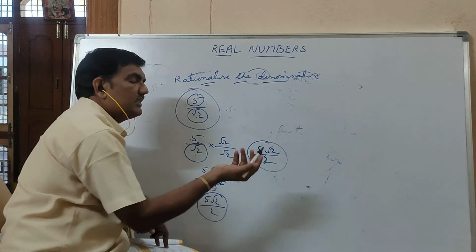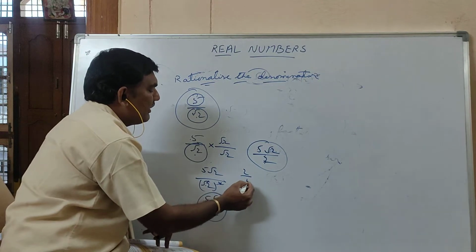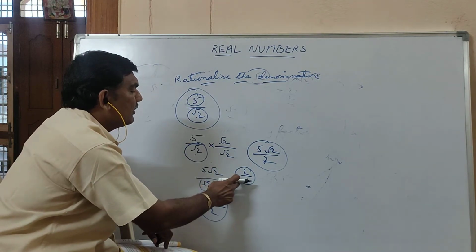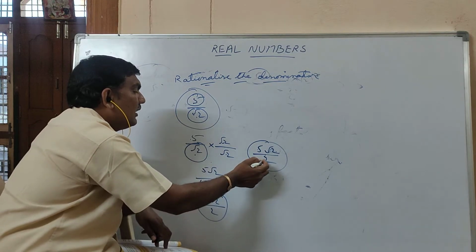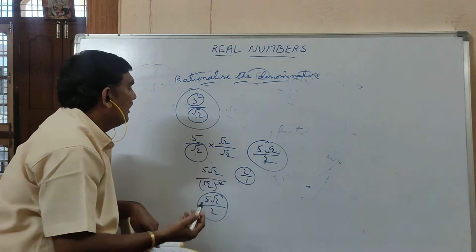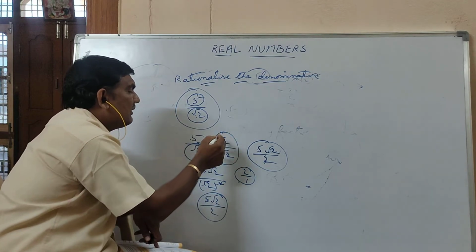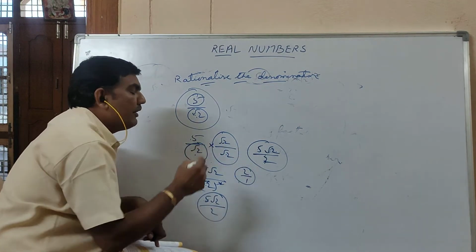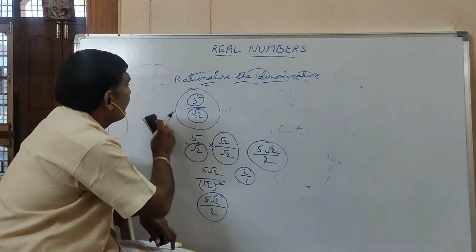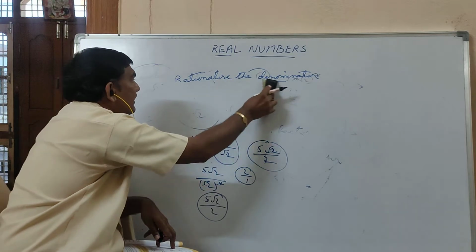What is 2? 2 is a rational number because 2 can be written as 2 by 1, p by q form, q not equal to 0. 2 is a rational number. Means you made the denominator a rational number. What you did is, just with the RF you multiplied and divided. So it is one more problem. Next you will see the remaining.